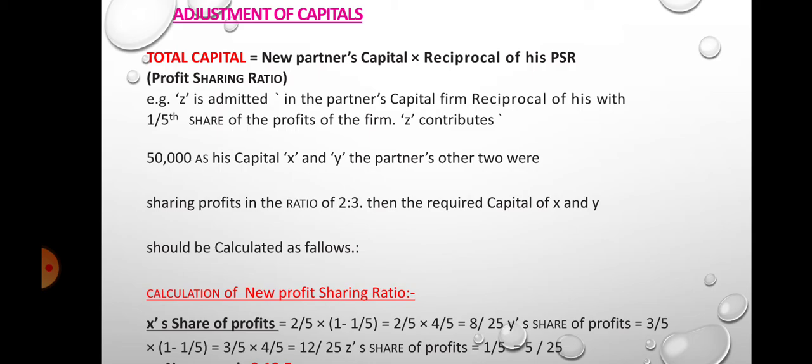Let us calculate the new profit sharing ratio of X. X's share of profits is the old ratio 2/5 into balance of 1, 1 minus 1/5, is equal to 2/5 into 4/5, which is 8/25. Y's share is old ratio 3/5 into 4/5, equal to 12/25. Z's share of profits is 1/5, which is 5/25.